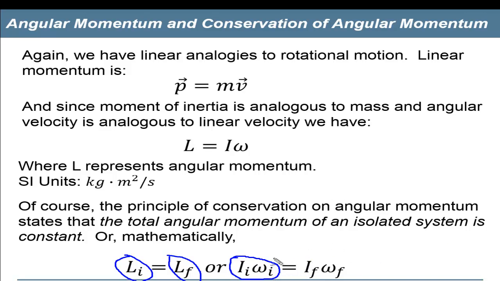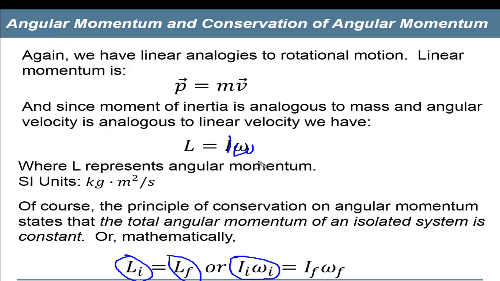If we have angular momentum as moment of inertia times angular velocity, and let's say I have some constant angular momentum where it's conserved, if I increase my moment of inertia, make this quantity bigger, then I would have to decrease my angular velocity. If I decrease my moment of inertia, then I'm going to increase my angular velocity, right?